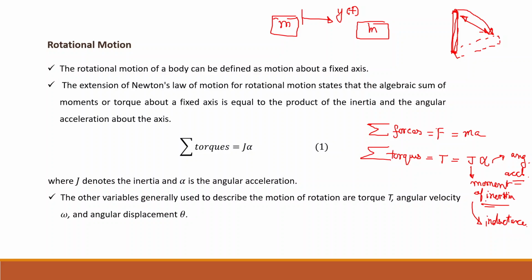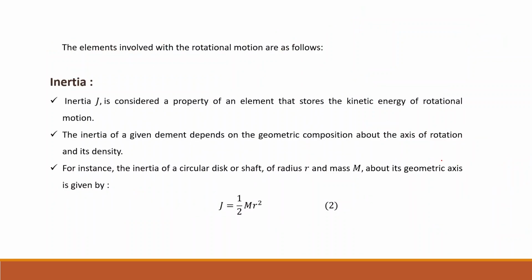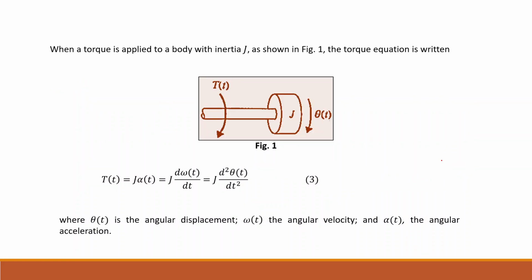Here we have angular velocity omega and angular displacement theta as well. In translational motion the forcing function was force; here it will be torque. That's the only difference. The analysis remains exactly the same. Earlier we used to write the forcing function F(t) equals the inertial force m d2y by dt2 plus b dy by dt, where b is the damper, plus spring ky.